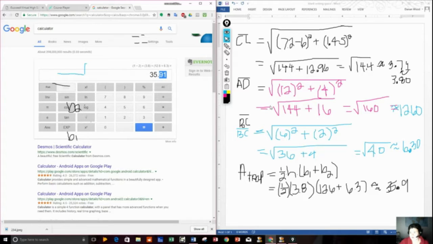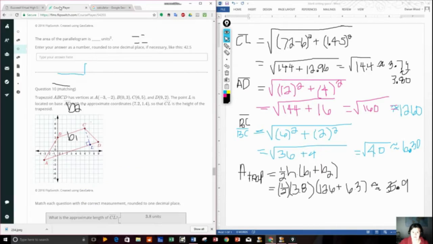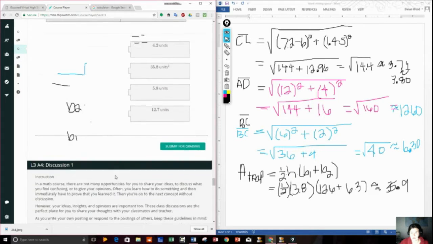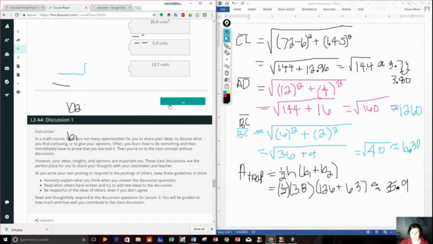I am assuming that they did not round it when they multiplied these all out, so they didn't round correctly. So let's check this, 36.0 units, and let's just check it.